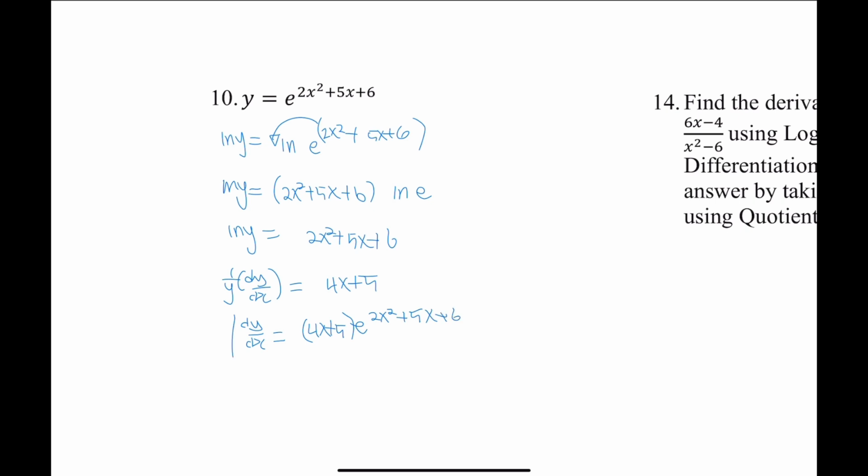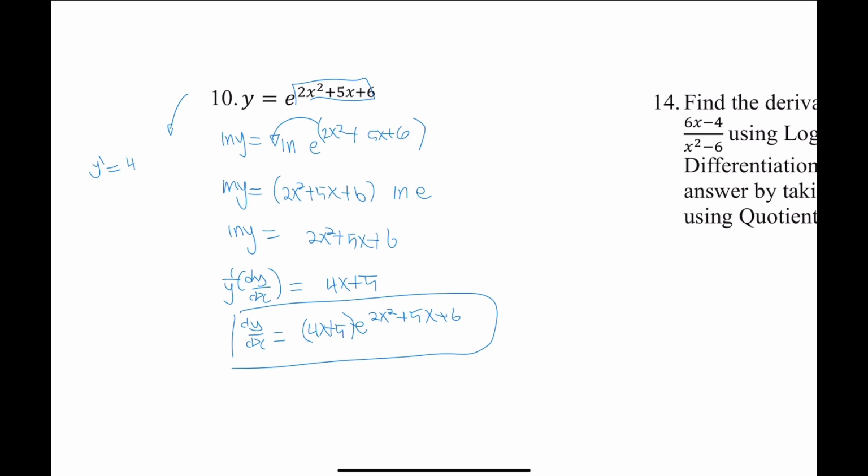So, I mean, this answer is probably pretty much expected, because if you solve it using the chain rule, the way that we would normally do it, then we would get the same answer, right? So y prime equals the derivative of the inside function, which is 2x squared plus 5x plus 6.